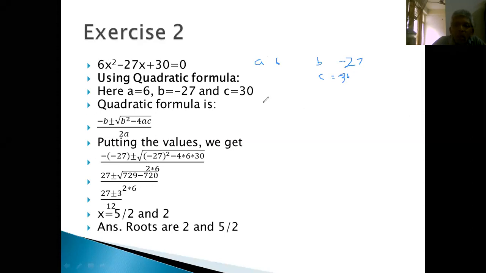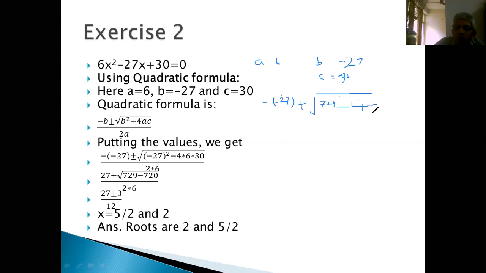I get x is equal to minus of minus 27, plus one value of x or one root of x, so here I am taking plus, under root of b square. b square is minus 27 square, which should come out to be 729, minus 4ac. 4 into a into c.